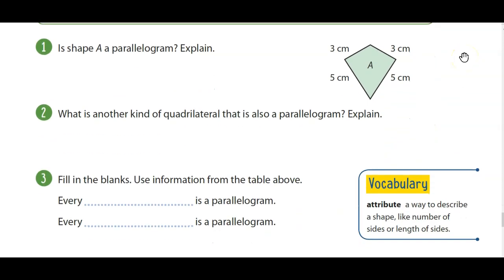What is another kind of quadrilateral that is also a parallelogram? A square, a rectangle, a rhombus.